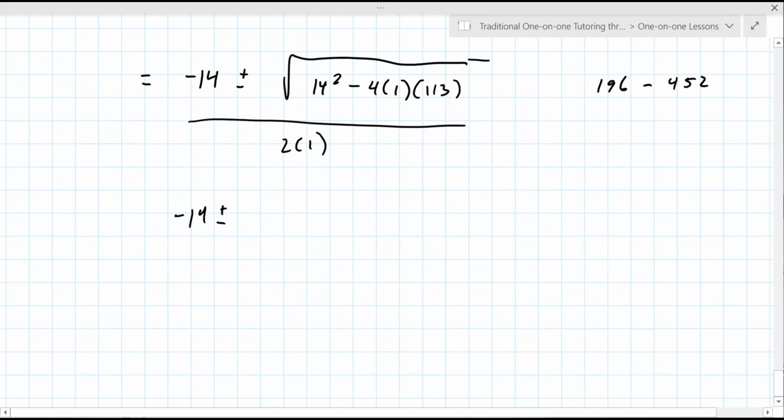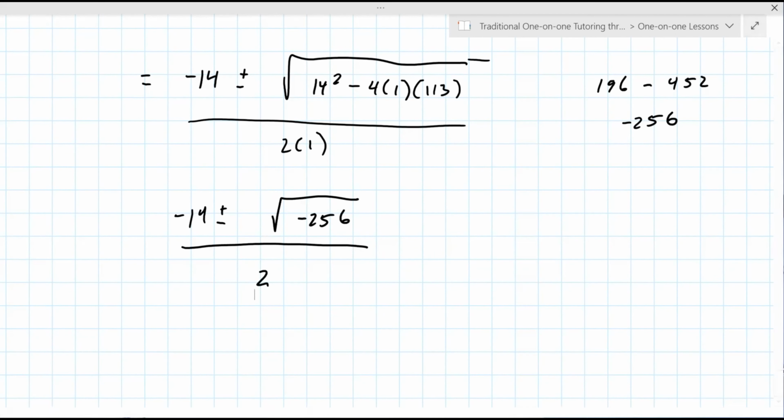And you subtract, what is that? 196 minus 452 is negative 256, over 2. Right. And then you ask yourself, hey, is the square root of 256 a perfect square? What do you say? Don't believe so.